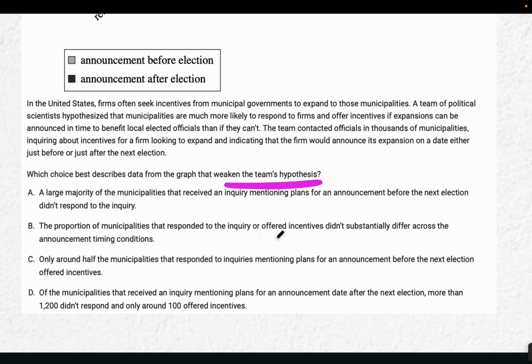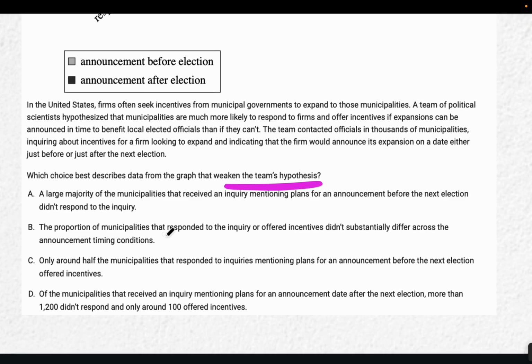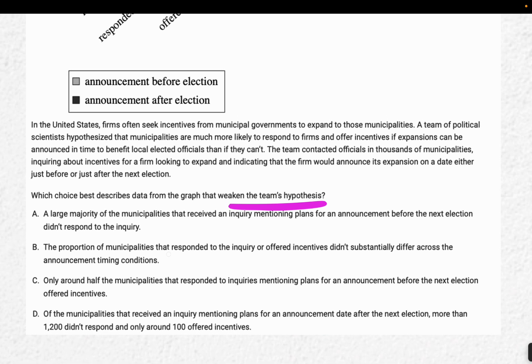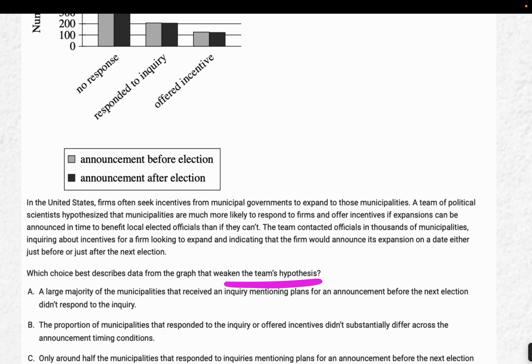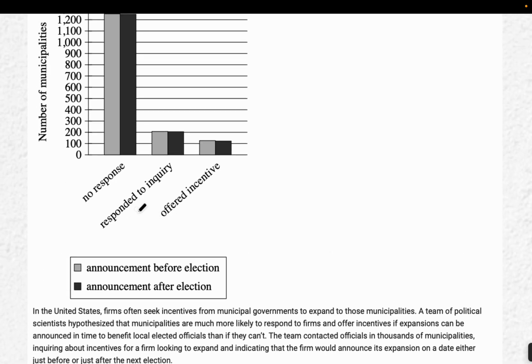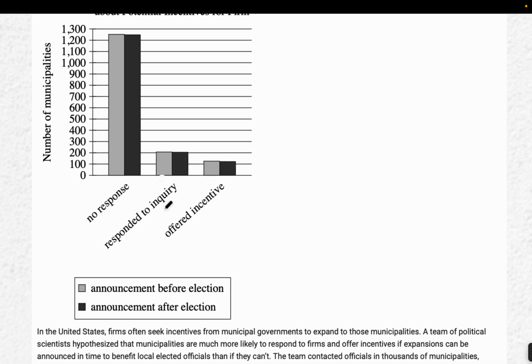Okay, the proportion of municipalities that responded to the inquiry and offered incentives didn't substantially differ across the announcement timing conditions. Choice B is actually correct because we can see that the lighter bars show what happened before the election and the darker bars show what happened when the announcement was to come after the election.